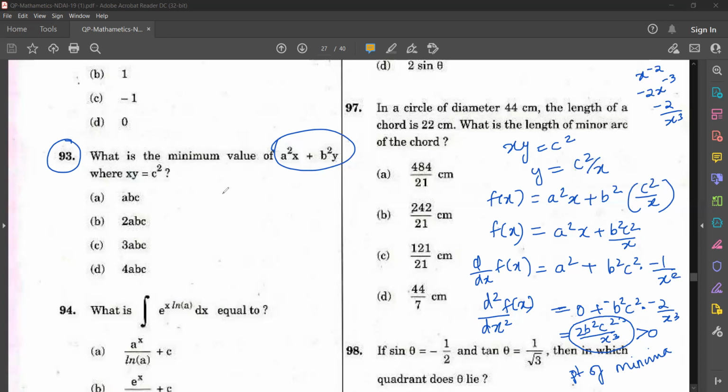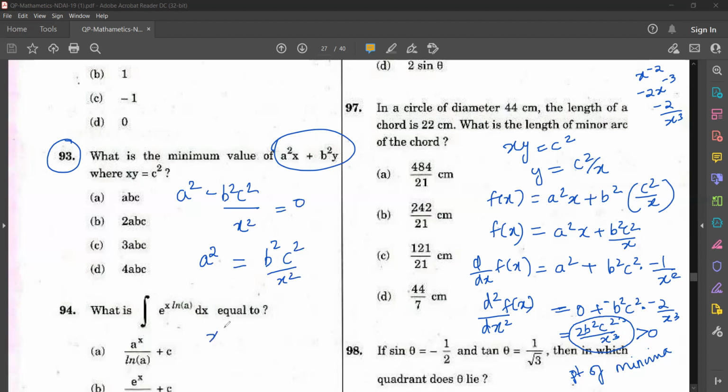Now, what you will do? Equate first derivative to 0. So, first derivative is a square minus b square c square by x square. Equate that to 0. So, a square is equal to b square c square by x square.